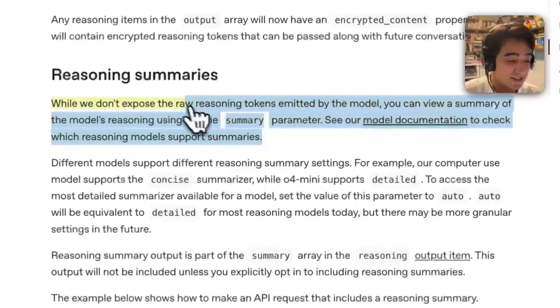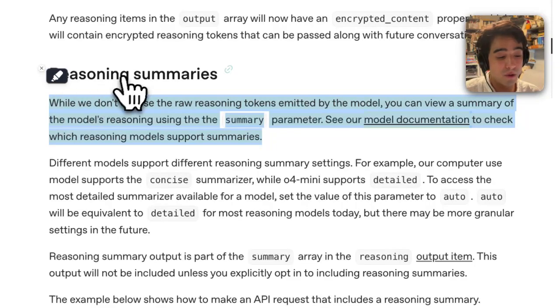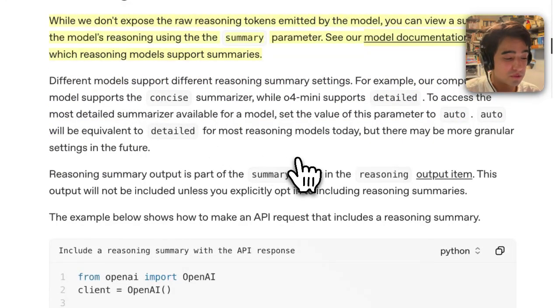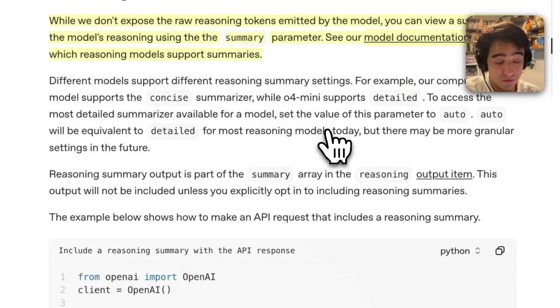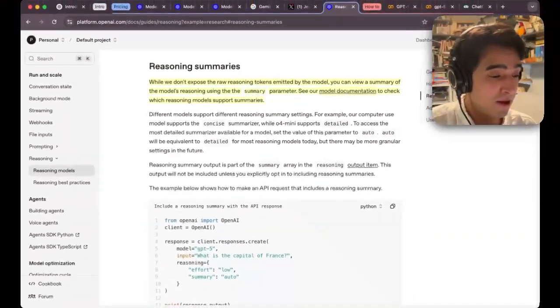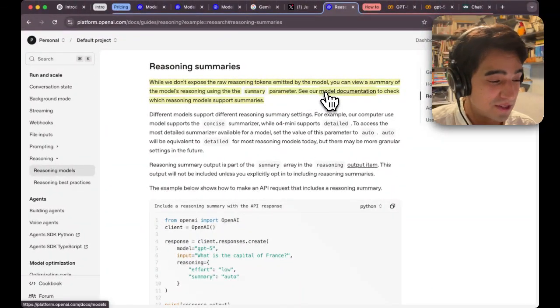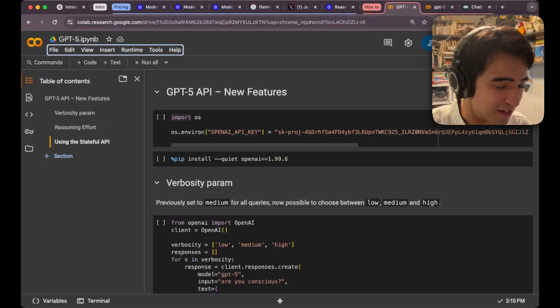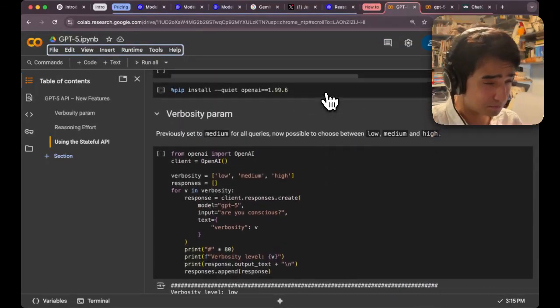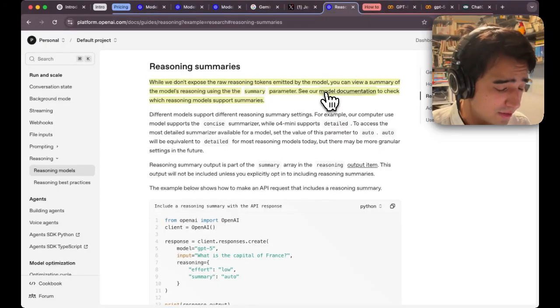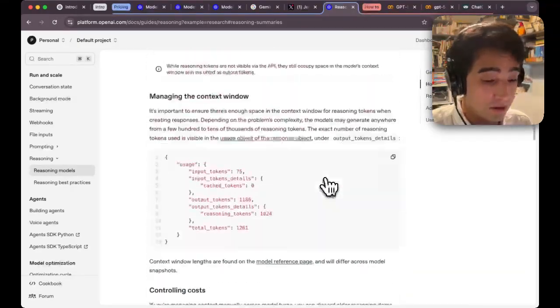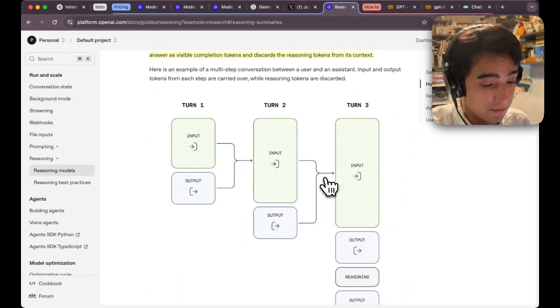So if you pass the summary parameter to your API call, you will see a summary of what it thought about. I'm going to show you how that works in just a moment with a notebook that I have right here. But yeah, it's a bit of a tricky thing to get used to. Just keep that in mind.